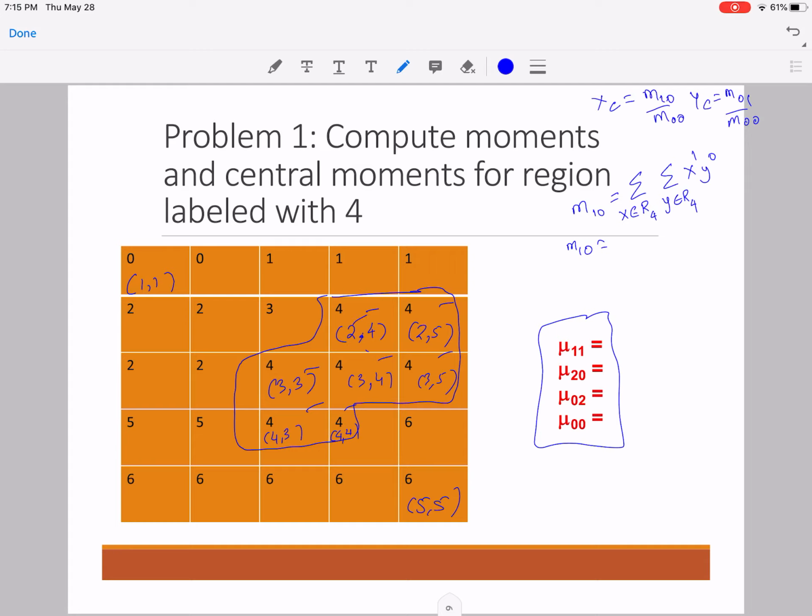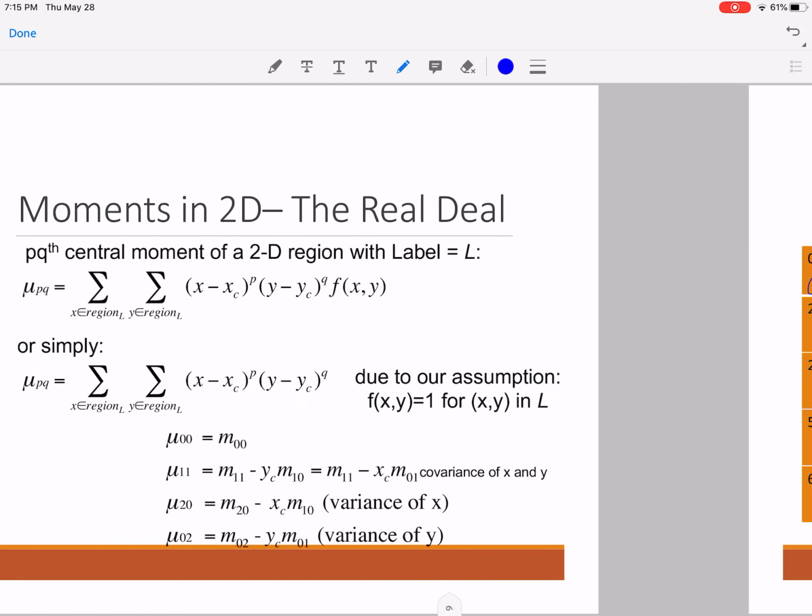So I have 2 plus 2 plus 3 plus 3 plus 3 plus 4 plus 4 for these two guys. So 2 plus 2 is 4, plus 3 is 7, plus 3 is 10, plus 3 is 13, plus 4 is 17, 21. So m10 is 21.